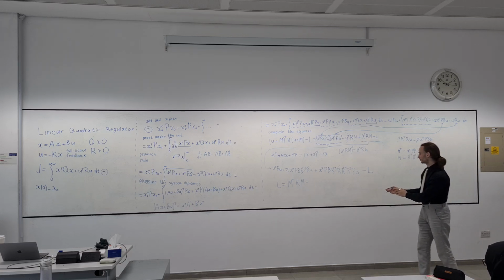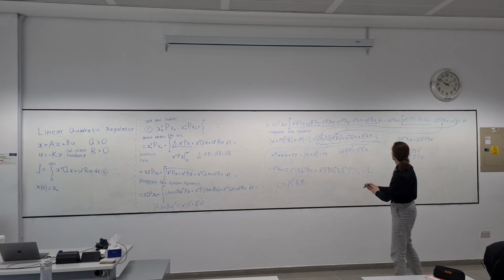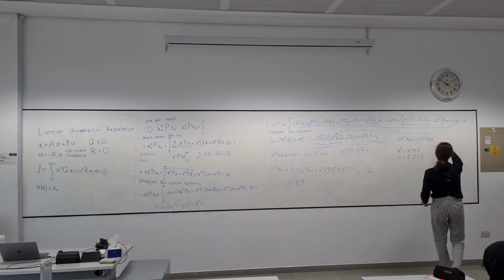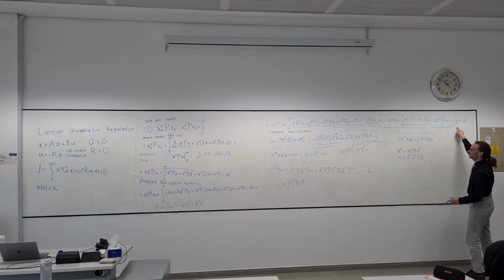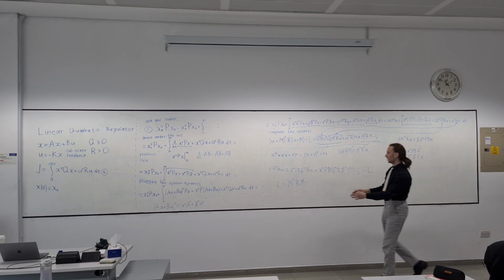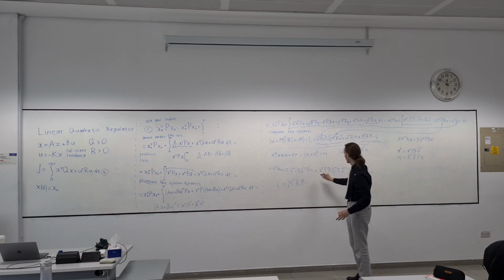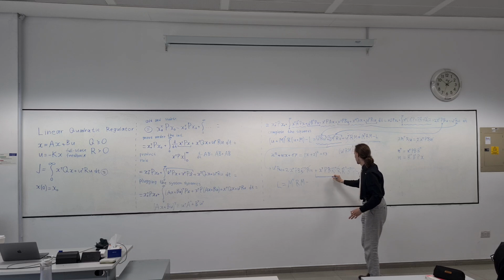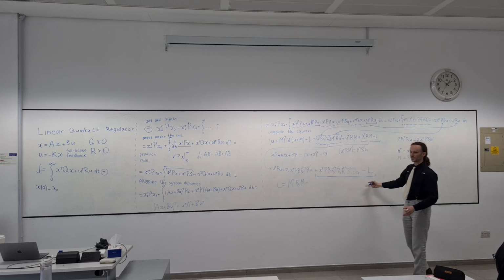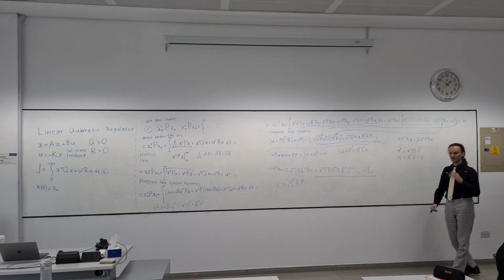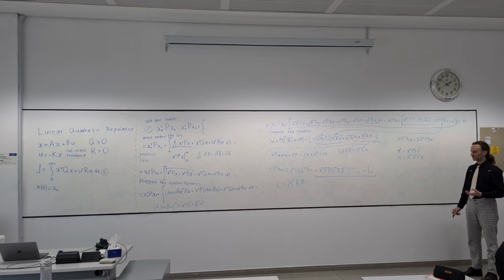So under the integral, we have this part, and this part, both of them are here already, and the rest that we have is this, which has to be equal to 0, right? In total.